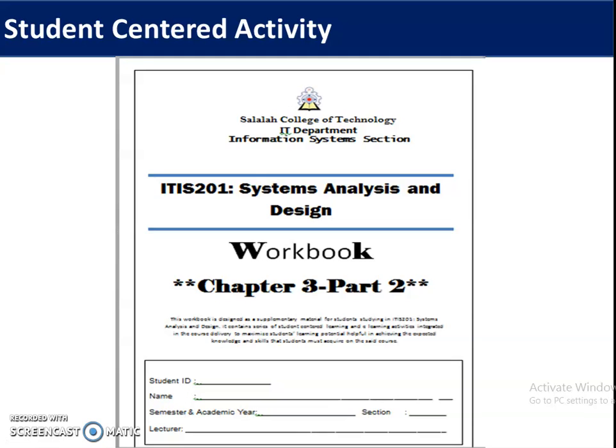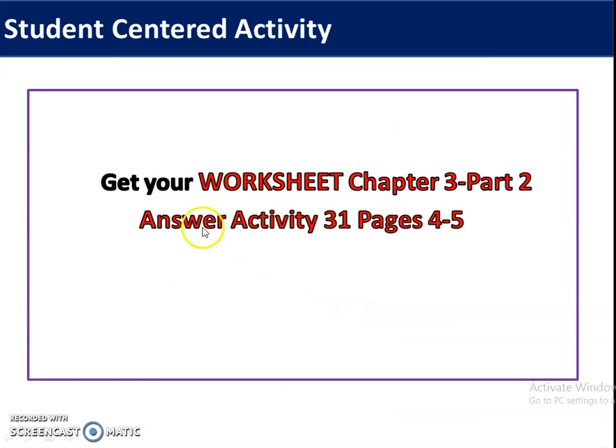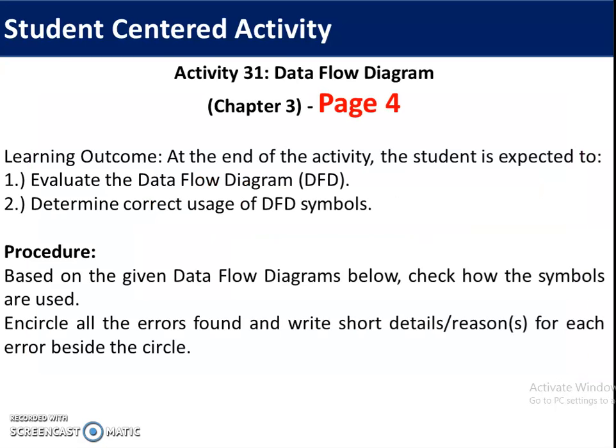So let us try to answer your activity in chapter 3, part 2, pages 4 to 5, activity 31. We will evaluate if the diagrams use the symbols correctly, and determine the correct usage of the DFD symbols.